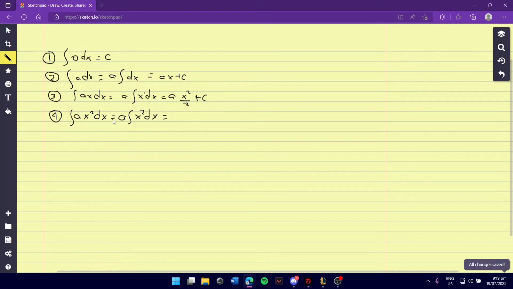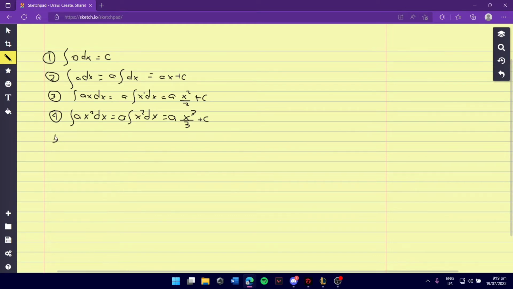Since it has 2 as the exponent, we will add 1 to it. So 2 plus 1 will be 3. Then divide it by 3, plus c. As you can see, there is a pattern. We will see that in our next example.